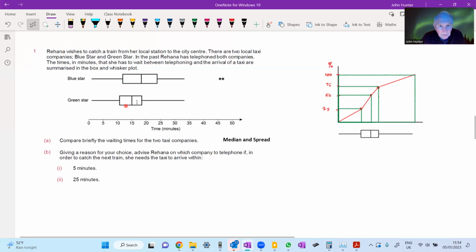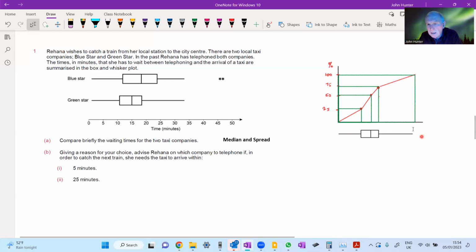And we've got the similar thing here for Green Star. Now if we do a comparison against our cumulative frequency, we see that this corresponds to this, this corresponds to this is the median here, that's the upper quartile, and this is the top end of the range, and exactly aligned up, but that's the basic idea.